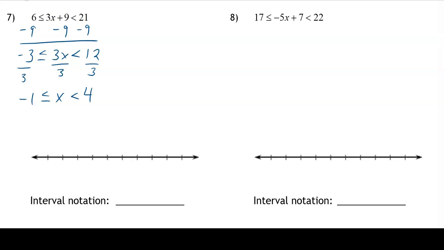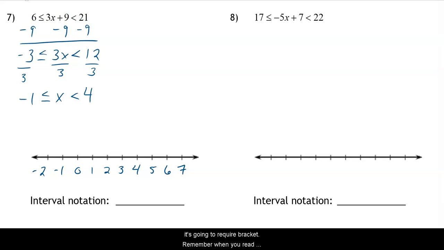To graph this, I'm going to start on the left-hand side. I'm going to start with negative 2, negative 1, 0, 1, 2, and continue up on my number line. Since negative 1 has a less than or equal to, it's going to require a bracket.